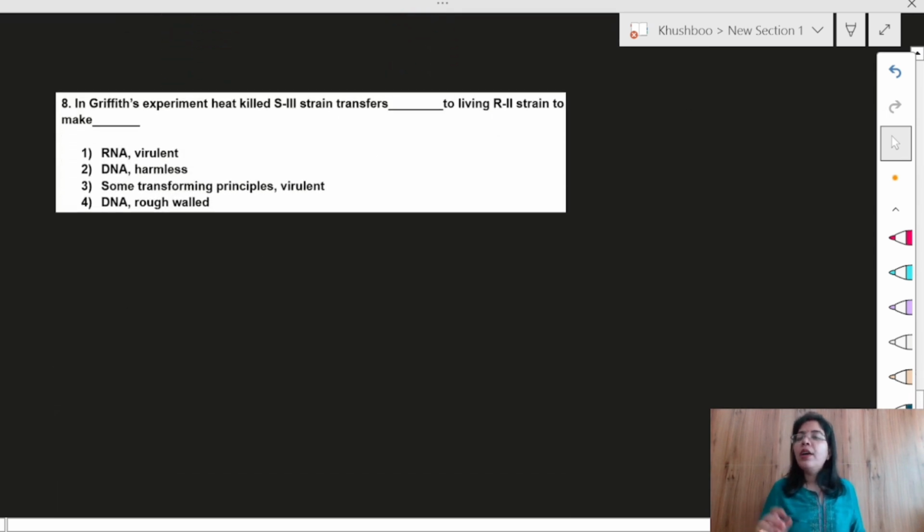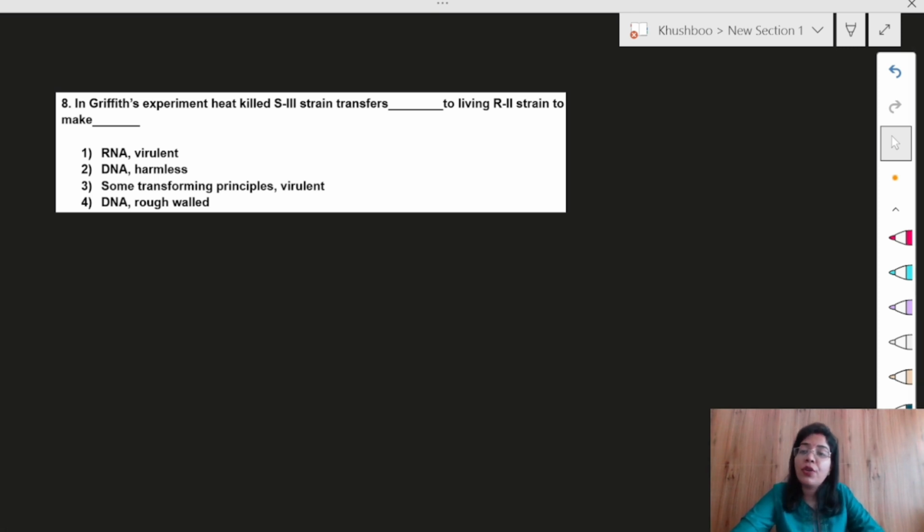Now this question: in Griffith's experiment, heat killed S strain transfers what to living R strain to make what? So you know Griffith's transformation experiment principle. It is very, very easy. Griffith used one bacterium.